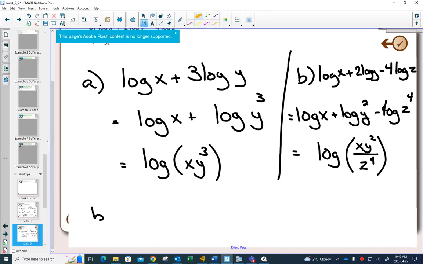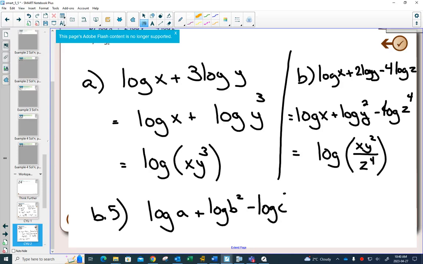So I'm going to add a question here, B.5, and I'm going to start with log A plus log B squared minus log C cubed plus log D to the 5 minus log of F. I skipped the letter E in case you got confused with the number.